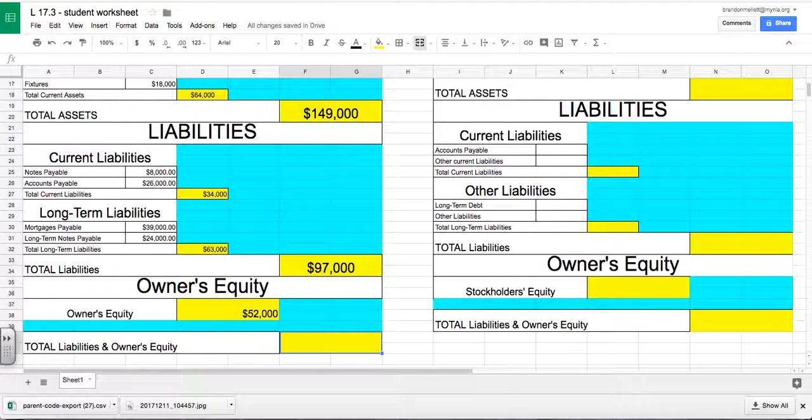Now, to find the total liabilities and owner's equity, we could add those 2 together, and we would take the total liabilities plus owner's equity, and we'd be at $149,000. So it's kind of a check and balance here. We know that the owner's equity is $52,000, and we know that the total assets is $149,000, and it matches up on both of these.